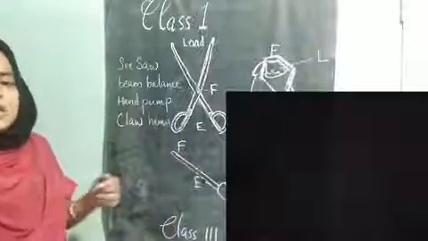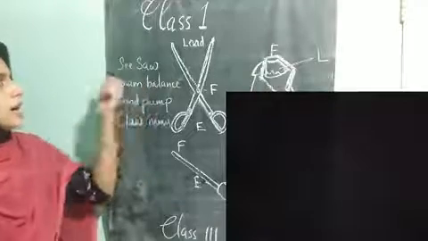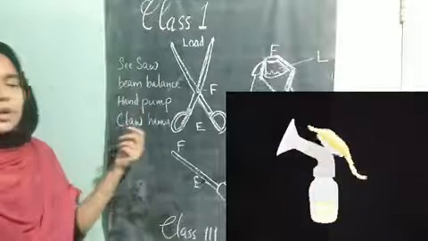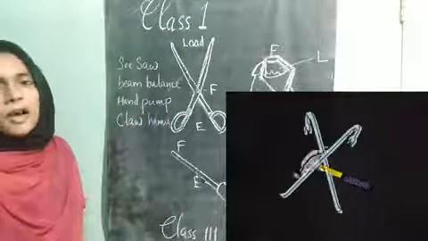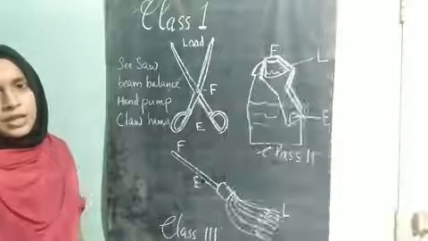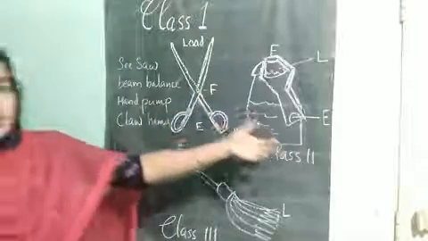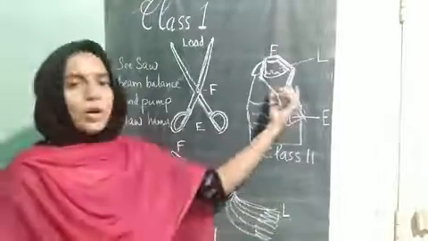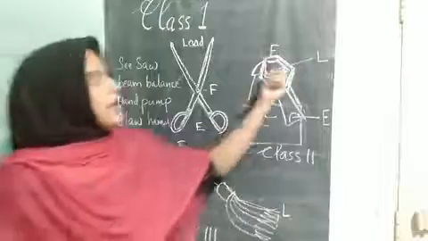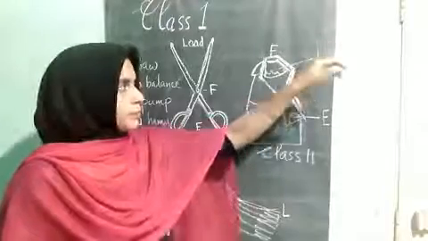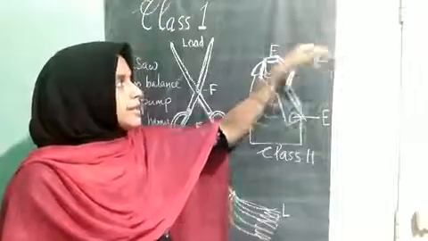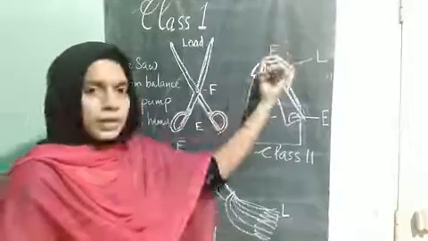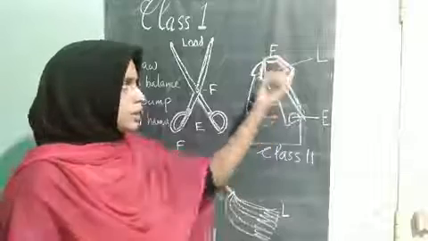Different examples of class 1 lever are seesaw, beam balance, hand pump, claw hammer, crowbar, etc. Okay, so come to the next point, that is class 2 lever. Here you can see a bottle opener. In the bottle opener, you can see that the fulcrum is on this end. We need to open the lid of the bottle.